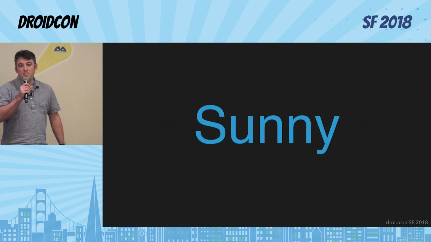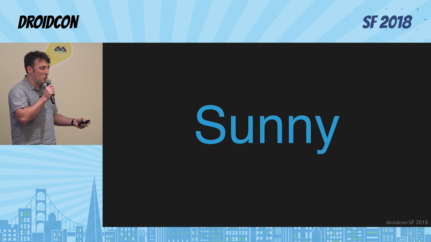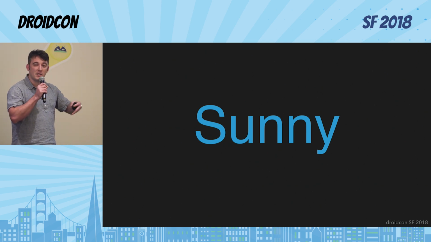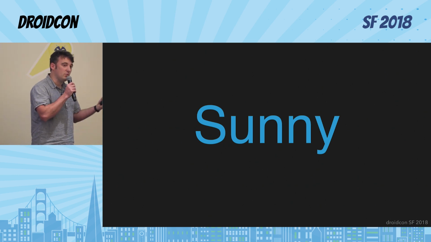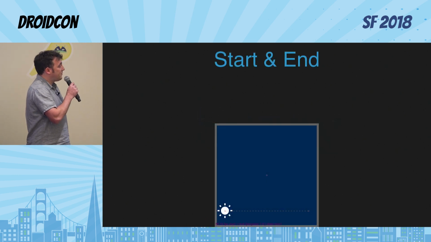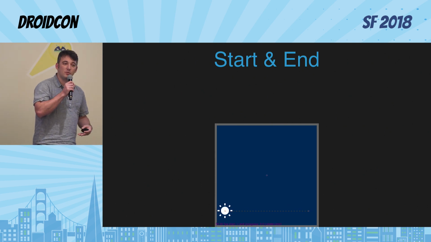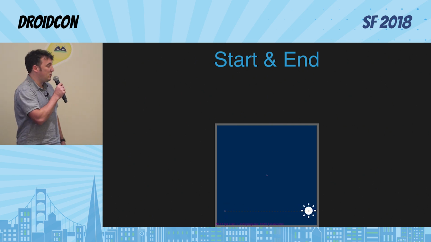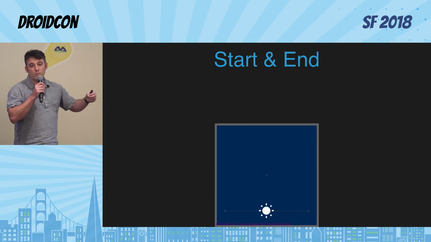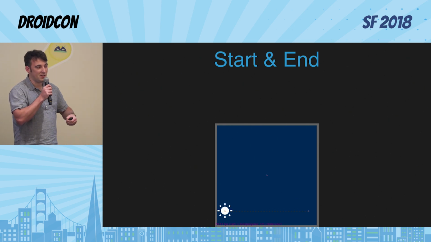So here is a basic example, and it's not anything that you automatically want to use in your application, but I think it's great to explain some of the features we just described. So let's say that you have a basic animation where you want your sun to go over the horizon like that, and that is essentially doing the motion between the start constraint set and the end constraint set.